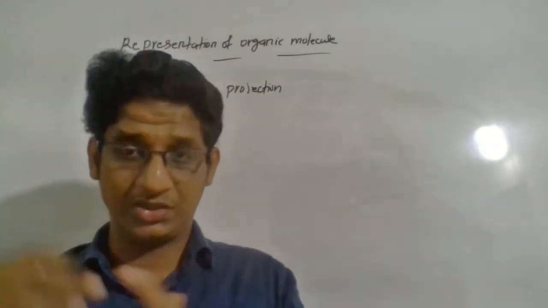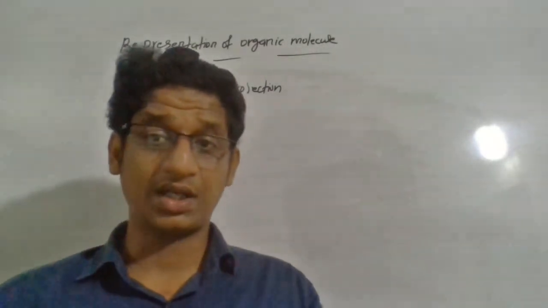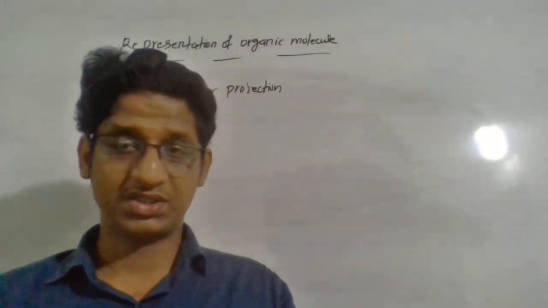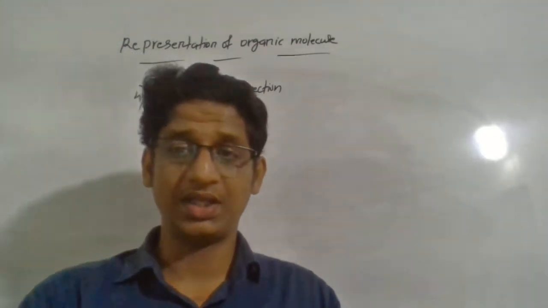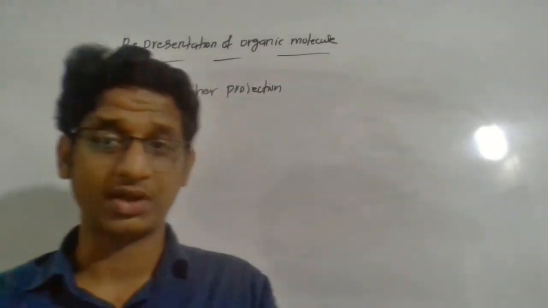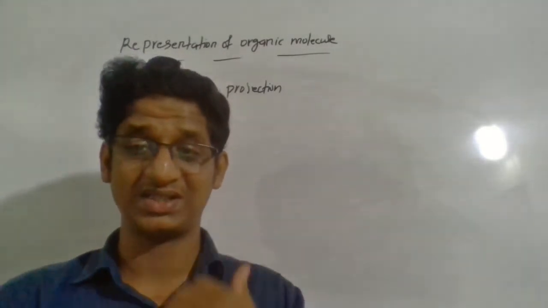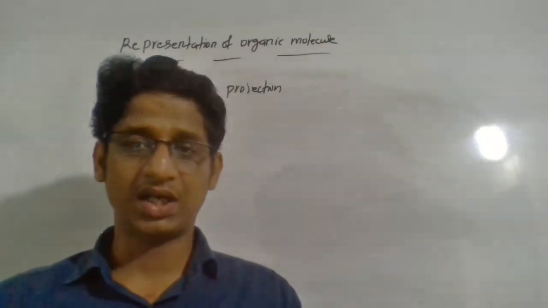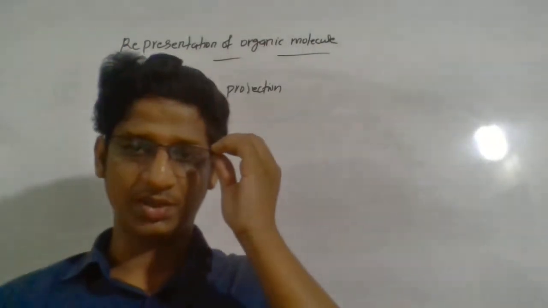There are lots of points to discuss, like the chiral carbon, and stereoisomers, which look like mirror images but differ only in their rotation of plane polarized light. So we need lots of discussion. What is chiral? What is plane polarized light? Everything. There I will show what this Fischer projection formula is all about.